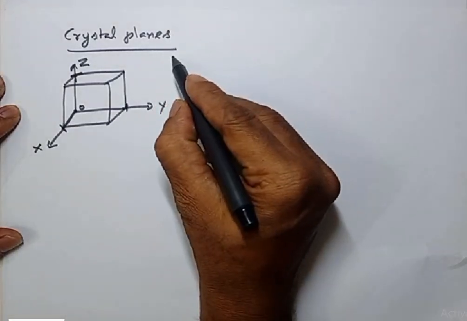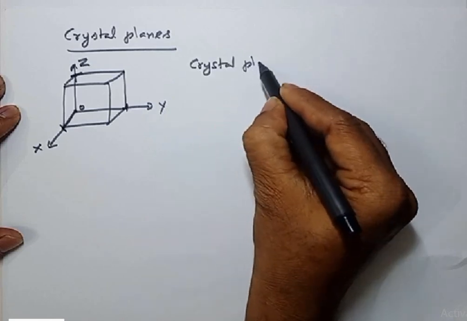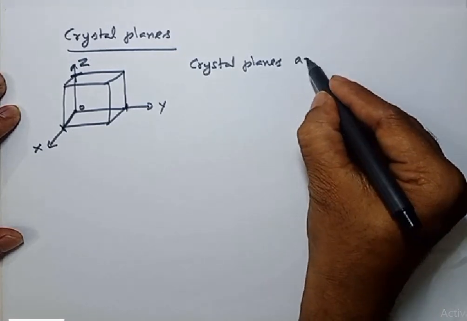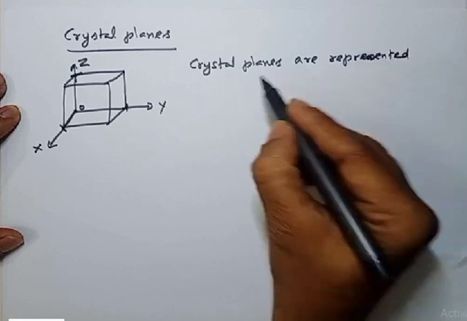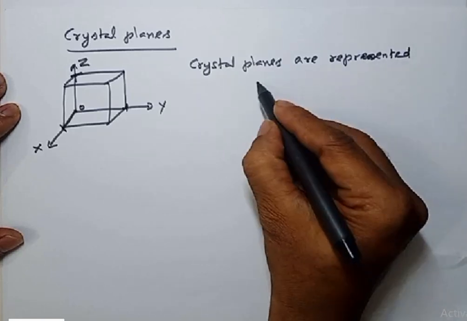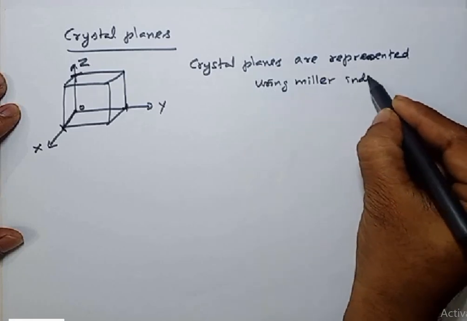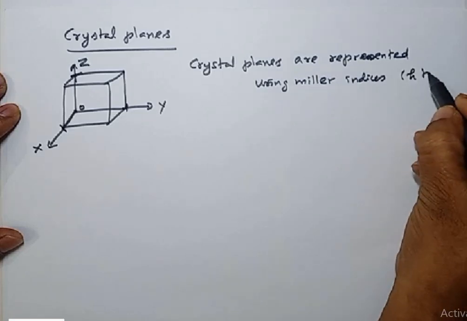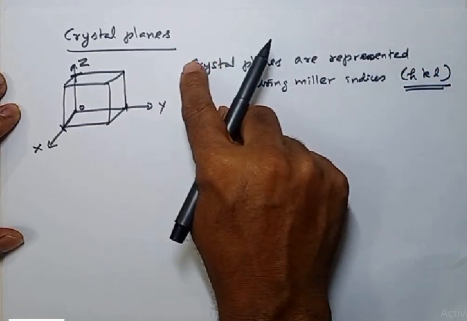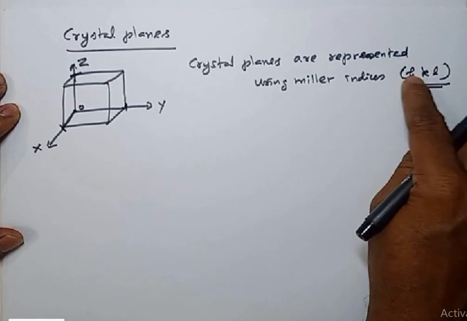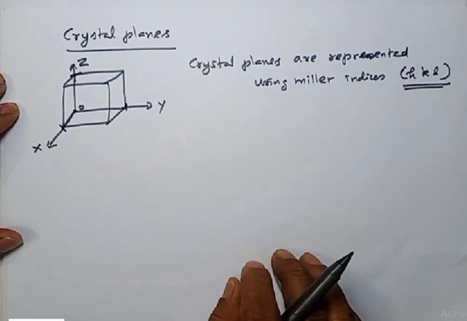Crystal planes are represented using Miller indices, that is HKL. We represent crystal planes using curved brackets, and inside the curved brackets you just write HKL. These are all called Miller indices. Take note.